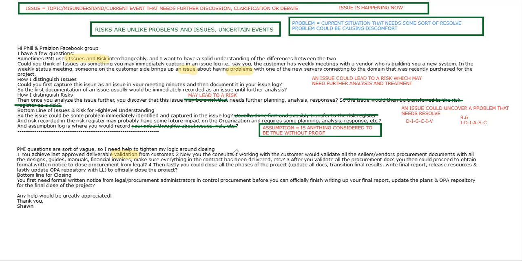Now you, the consultant working with the customer, would validate all the seller's procurement documents. Again, I would watch the word validate. So instead of using the word validate, for your exam sanity, I would say just use the term the PMI do.